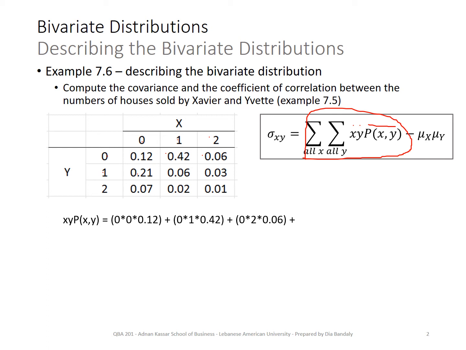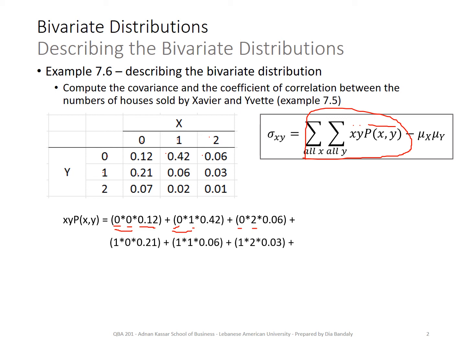For y is 0, I can have an x of 0, an x of 1, or an x of 2. Okay, x can be either 0, 1, or 2, and these are the corresponding probabilities for the pair. So 0.12 is the probability that this pair happens, 0.42 is the probability that this pair happens, etc. Okay, so this is the first row.